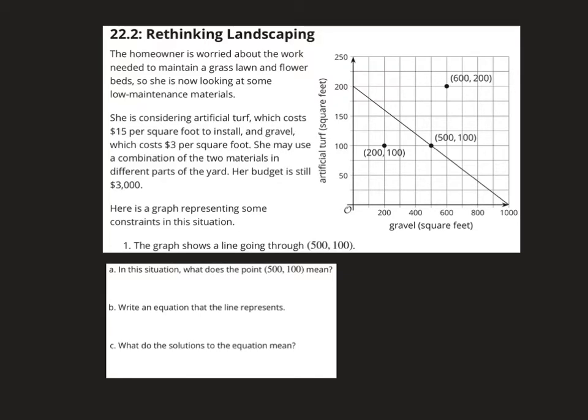Okay, so it says the graph shows a line going through 500, 100. And what does the point 500, 100 mean? Well, 500 refers to the x value, which is 500 square feet of gravel, and the 100 is the y value, which refers to 100 square feet of artificial turf.